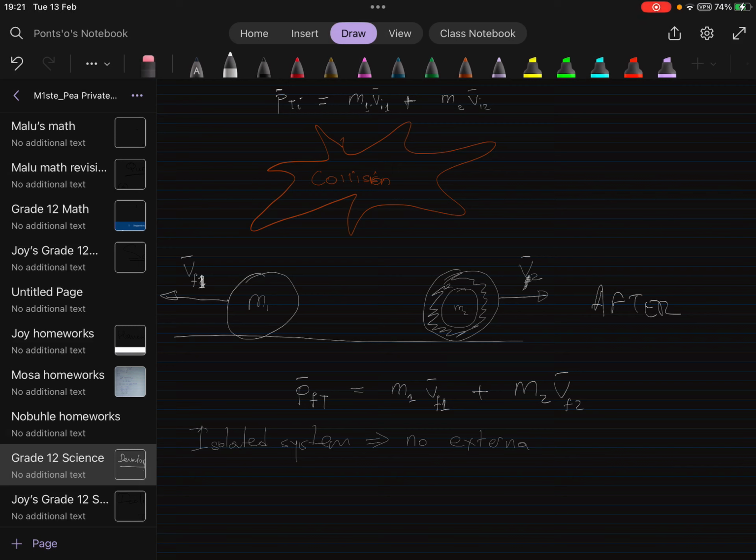So in other words, it's not like as ball 2 was moving toward ball 1, there was a little cue stick hitting it to move faster, you know what I mean? Or a hand slowing it down so that it doesn't move as fast, or a little bump in the cushion, something like that, you know? So there are no external forces acting on the objects.